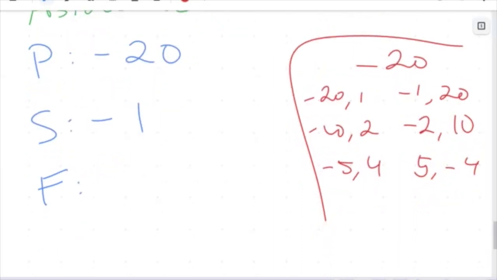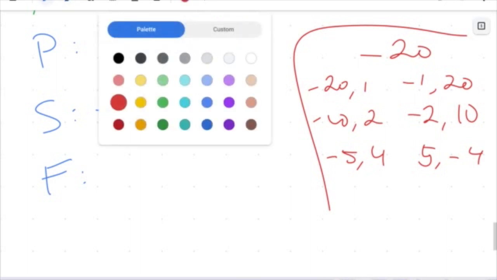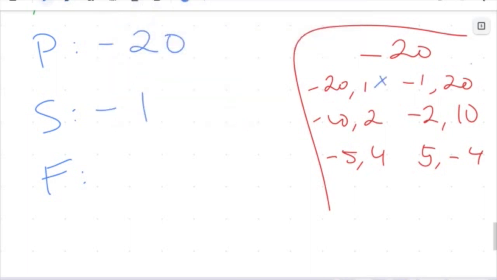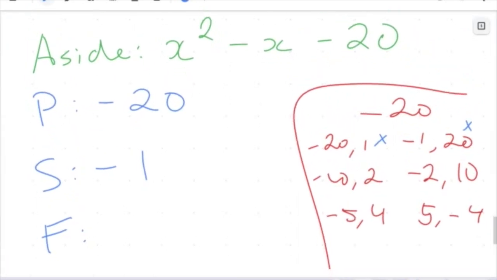Okay, so let's start crossing off the ones that we can't use. These two up here we obviously can't use because there's a pretty big difference between the two numbers. So I have minus 19 and minus 21. Those are clearly too big. Same with these ones. That gives us negative 8 and negative 12. It's going to be one of the two final options.